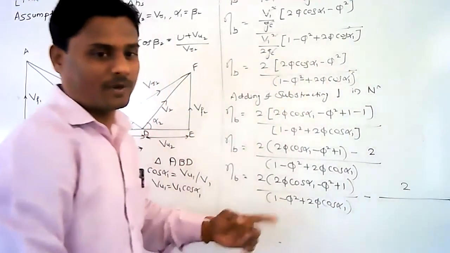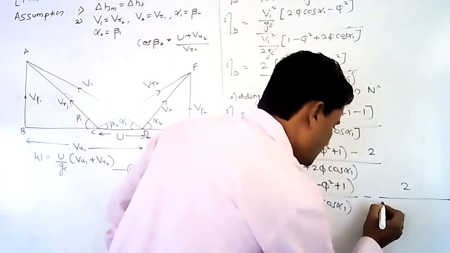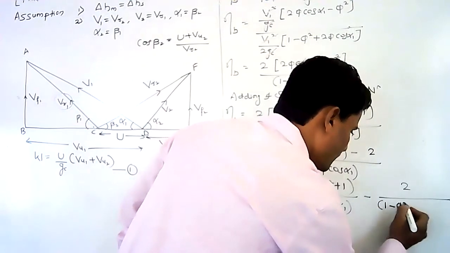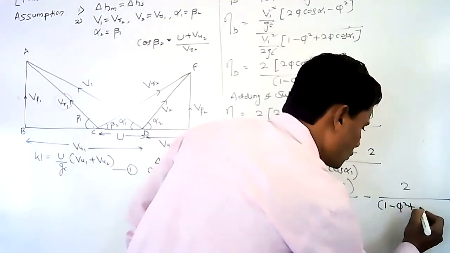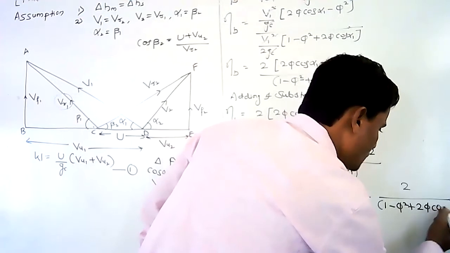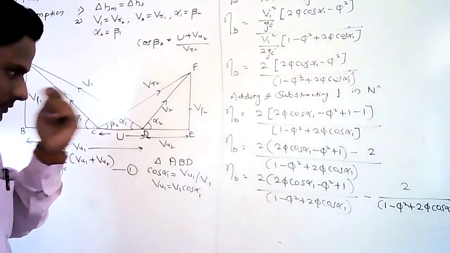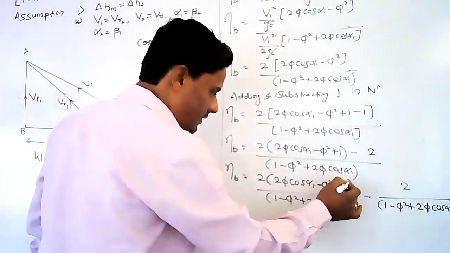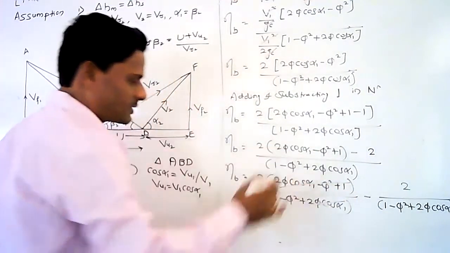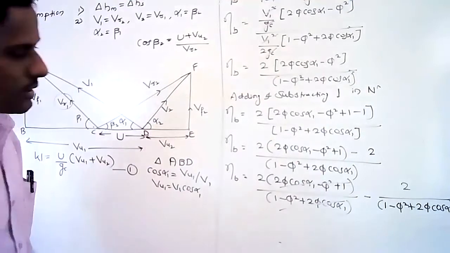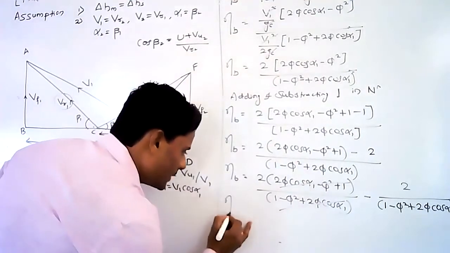I am writing it separately to both the terms: 1 minus phi square plus 2 phi cos alpha 1 plus 2 phi cos alpha 1. So both the terms will get cancelled here, the numerator and denominator.